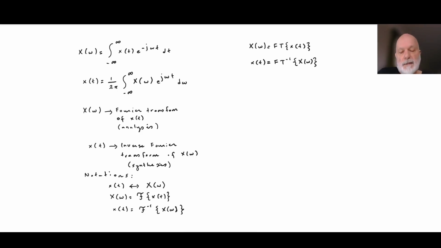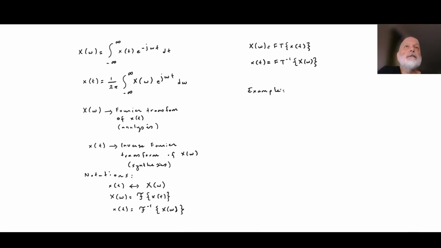So these are typical notations used in the literature. Now let us see an example, which is an important example.